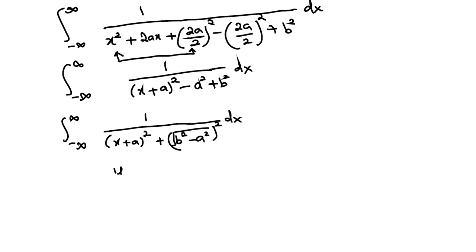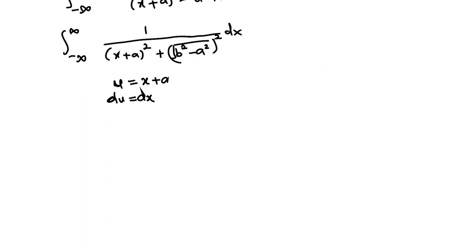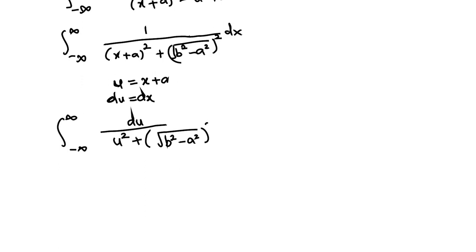Next you let u equal to x plus a, so du equals dx. Next, negative infinity to infinity, du over u squared plus square root of b squared minus a squared, squared.